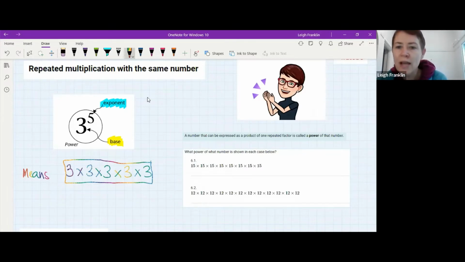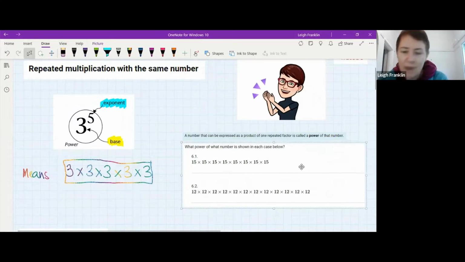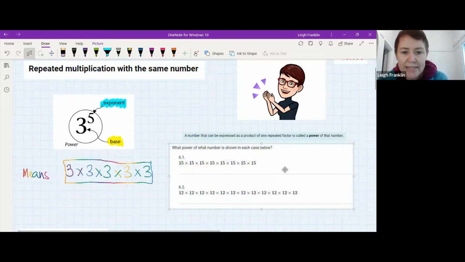Now if we have a look at the numbers on the right-hand side, if I wanted to write it in a shorter way, in 6.1, how would I write that using exponential notation? Devin, how would I write that?